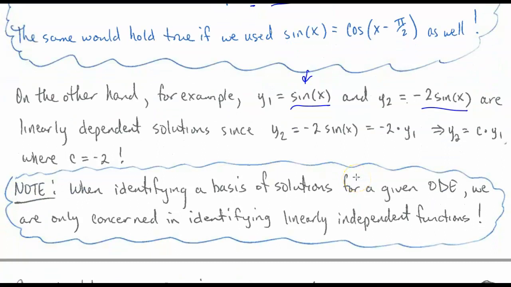The thing we want to pay attention to is that when we talk about a basis of solutions, we're only concerned about identifying linearly independent functions, meaning we don't want anything in the basis that will act like these two functions do. So we don't want anything in the basis to be constant multiples of each other.